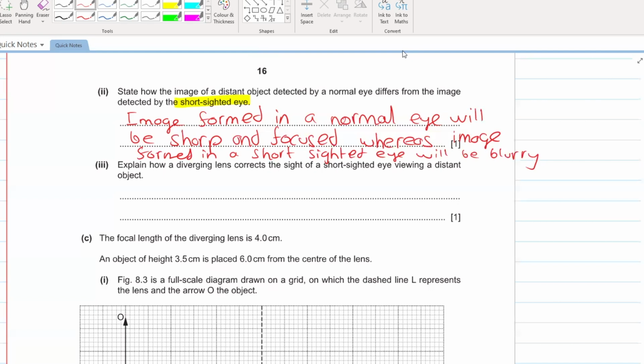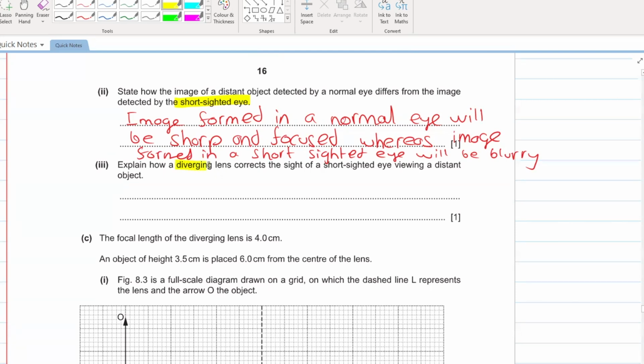Perfect. Let's further move ahead. Now, let's see part 2. Explain how a diverging lens corrects the sight of a short-sighted eye viewing a distant object.